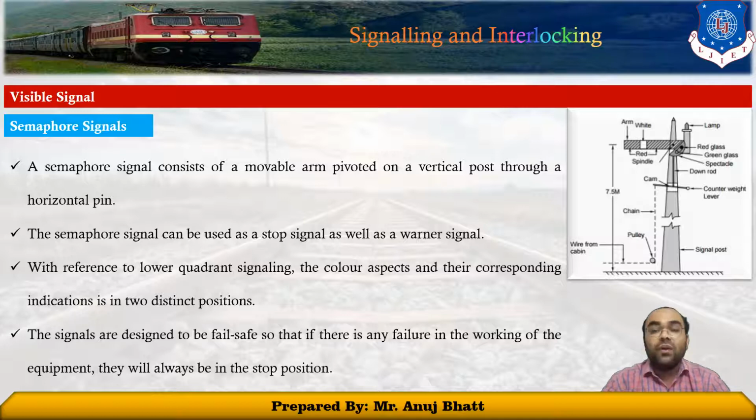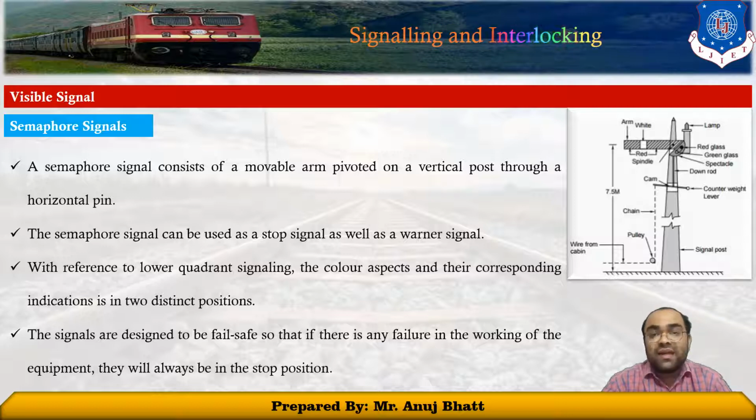The semaphore signals can also be used as a stop signal as well as a warner signal. With reference to the lower quadrant signaling, the color aspect of a semaphore signal and the corresponding indications are given when the arm of the signal is in two distinct positions. The lower quadrant semaphore signals move only in the fourth quadrant of the circle and have only two color aspects.